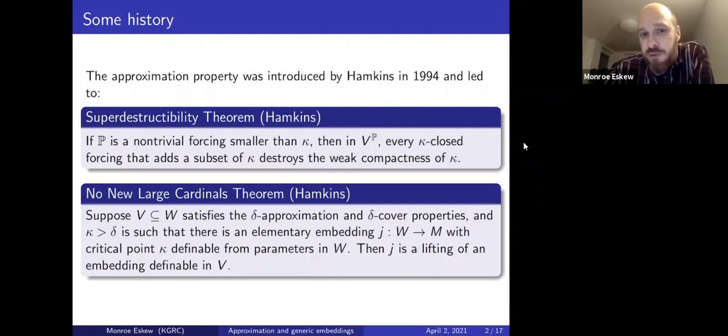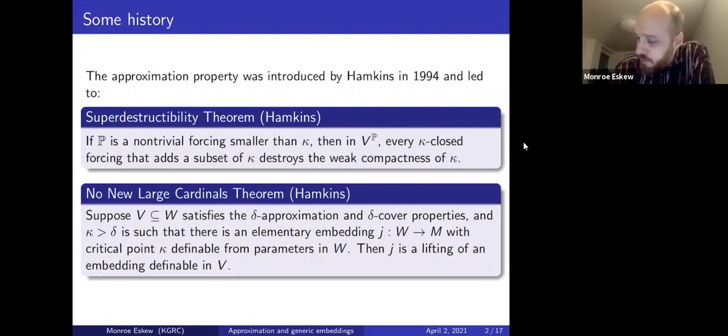So if you add a generic for a small forcing smaller than kappa, then after that, even the weak compactness of kappa is destroyed by any kappa closed forcing that adds a new subset of kappa. And there are generalizations of this, maybe it doesn't add a subset of kappa, but a subset of something larger, and then it would destroy that level of supercompactness. So this is a very interesting theorem.